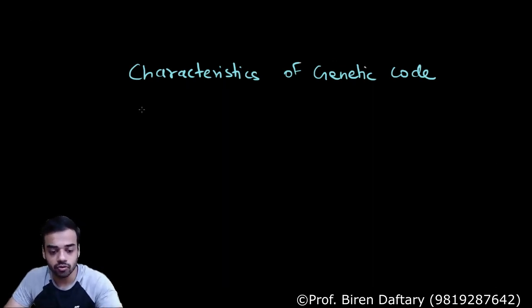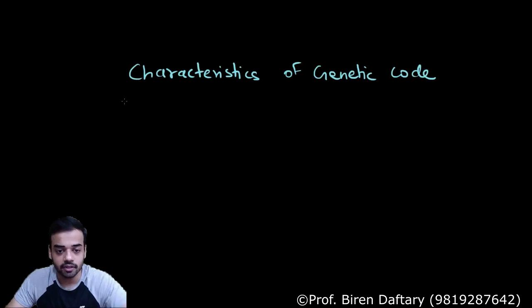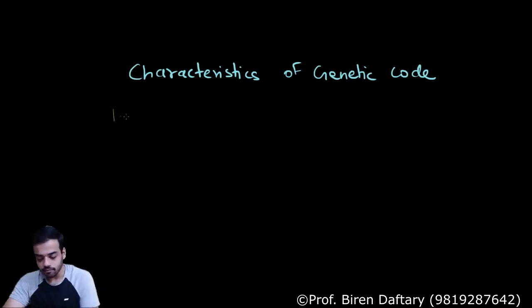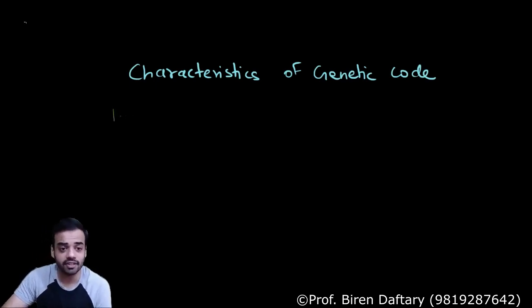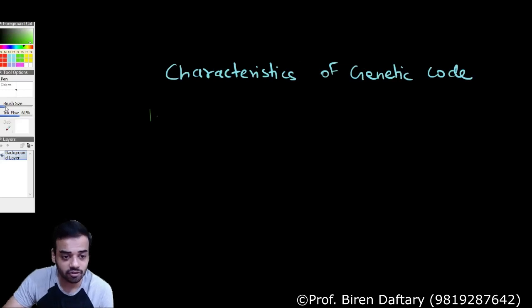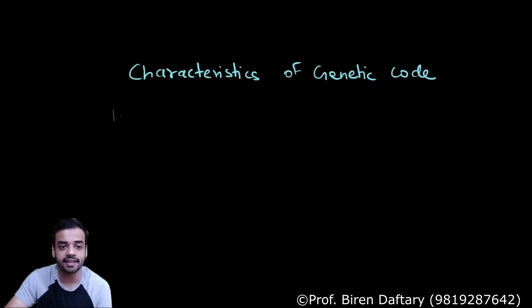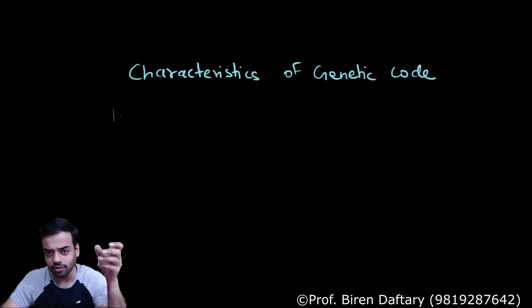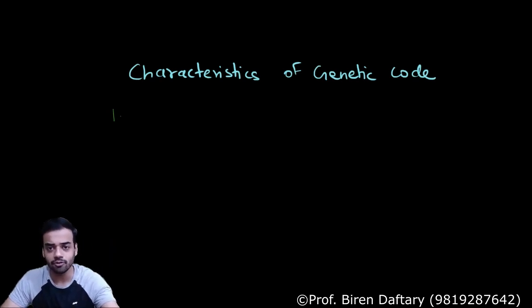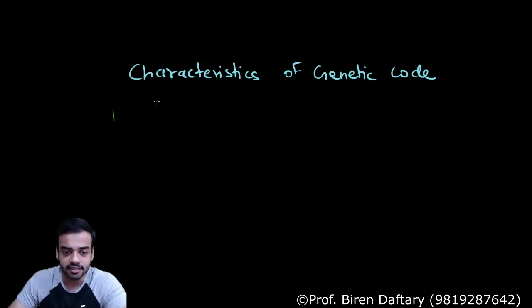Coming to the first characteristic. The order of characteristics is not very important. You can write any characteristic first; you don't need to follow the order given in the book. Anyway, the first characteristic is that the genetic code is a triplet.